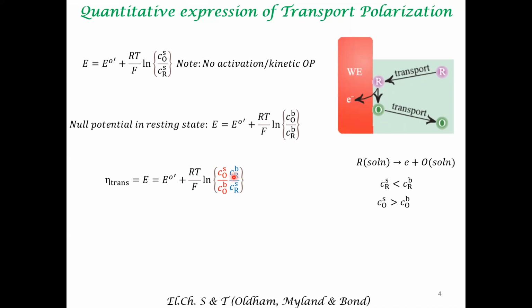Therefore, this overall quantity is more than 1, not just more than 0. The product of these two quantities is also more than 1. So this is the way we are defining transport over potential.